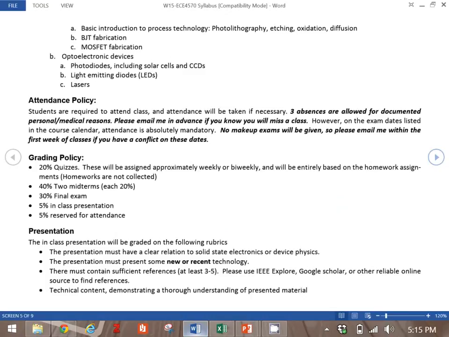Students who attend most classes and maybe participate a little less frequently will receive a 4, and then it goes down from there. 3 and 2 is if you have lower attendance or lower participation, and 1 and 0 is if you have very low attendance or very low participation.